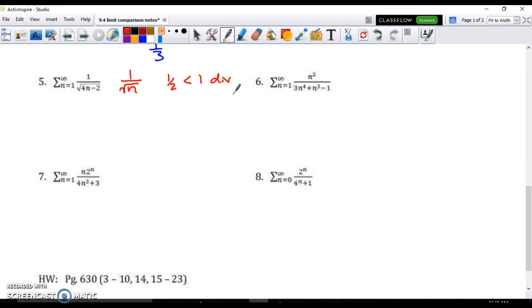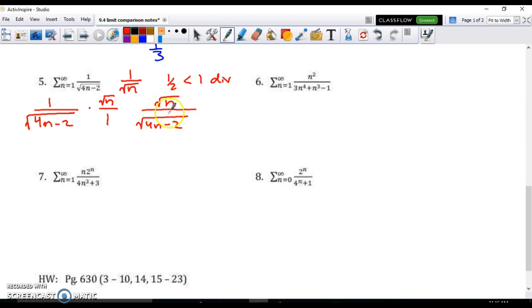Okay, so I'm going to take this function and divide it by this function, so flip and multiply. We get the square root of n over the square root of 4n minus 2. Once again, I want to look at the number that's in front, the coefficients. These are both to the same power, square root of 4n and square root of n.